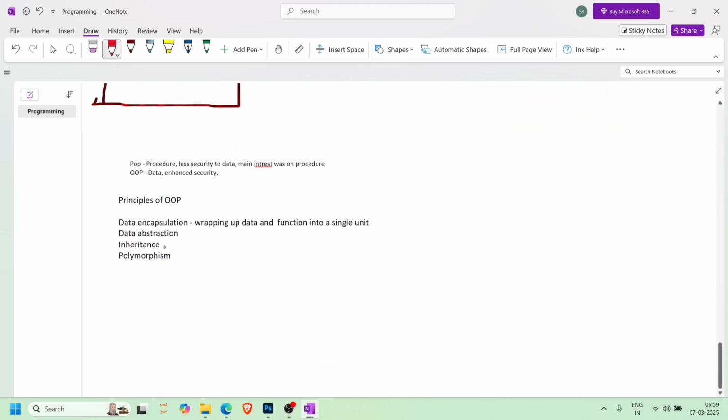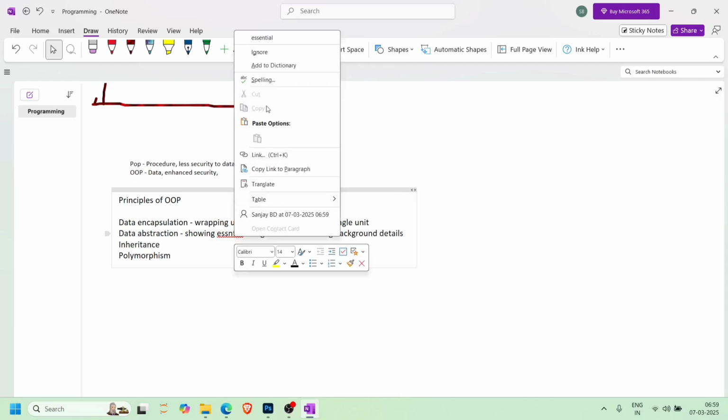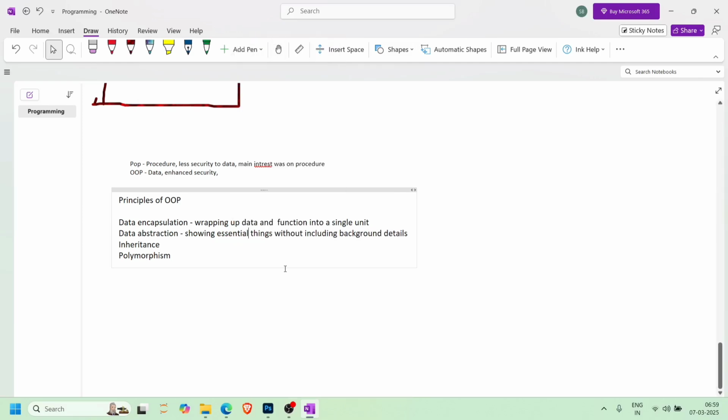Then data abstraction. What happens in data abstraction? Data abstraction means showing essential things without including background details. Let me correct the spelling.